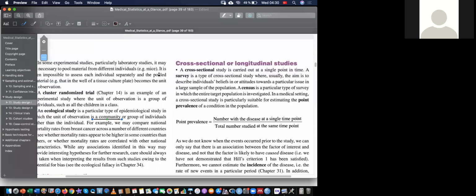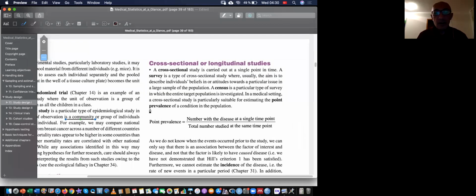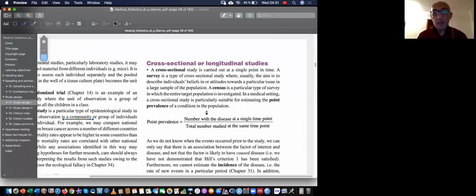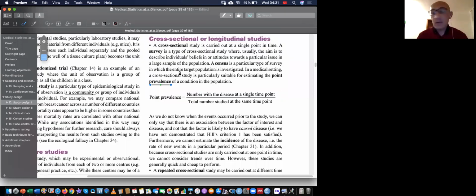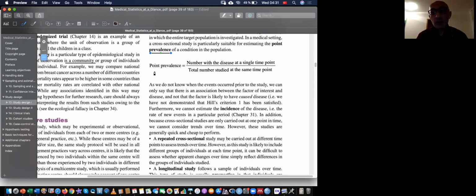A cross-sectional study gives an estimate of the prevalence. When I say cross-sectional study, the first thing coming to your mind should be the prevalence. Here is the formula for calculating the point prevalence. You just divide the number of events at a time point by the number of people studied at the same time point.